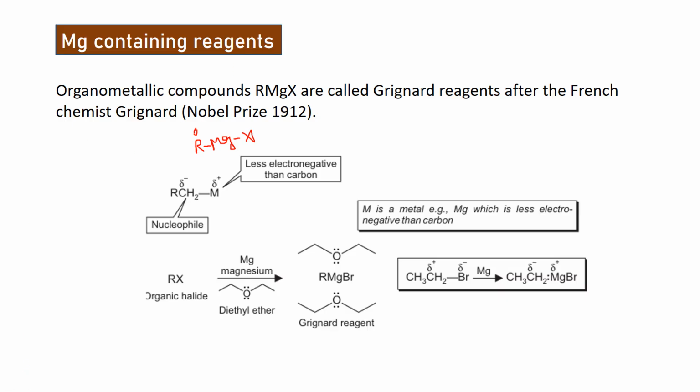Because of that, this magnesium is more electropositive than carbon. So it contains a delta positive charge, and it shifts the electron density towards the carbon. So the carbon becomes delta negative, and this is how this carbon becomes a nucleophilic carbon. In this way it can be prepared: if you add magnesium and diethyl ether to an organic halide, it will form this RMgBr, that is the Grignard reagent.